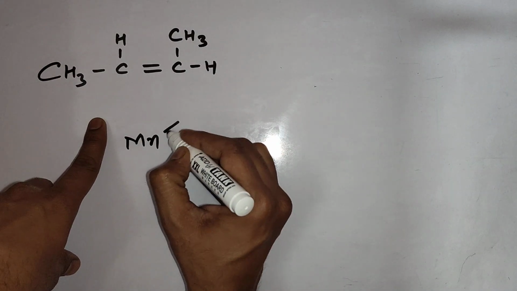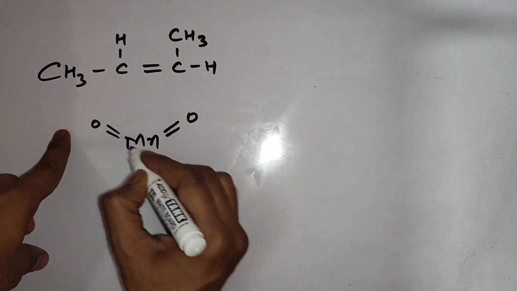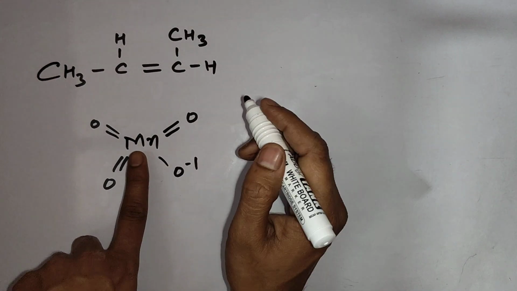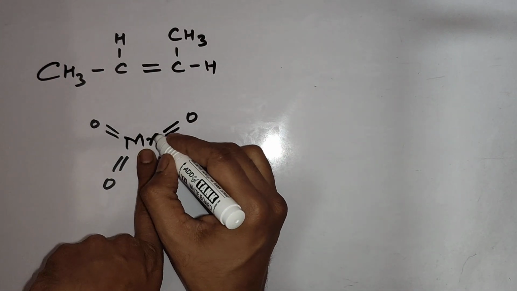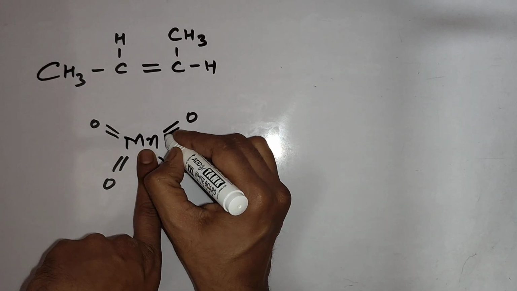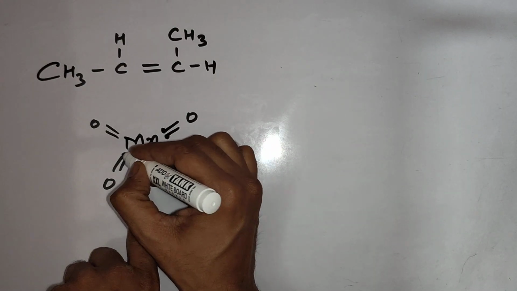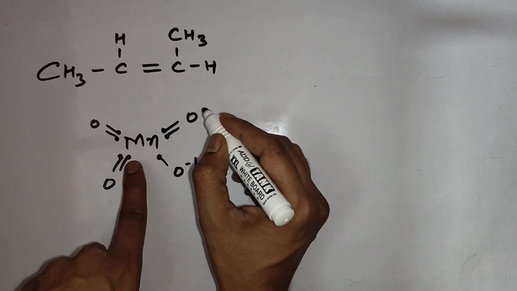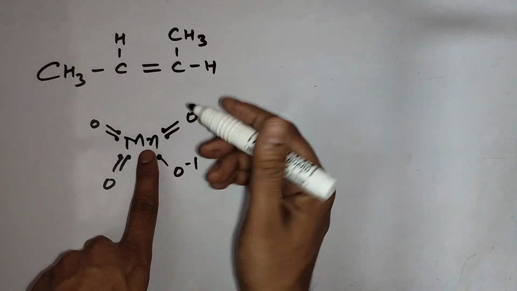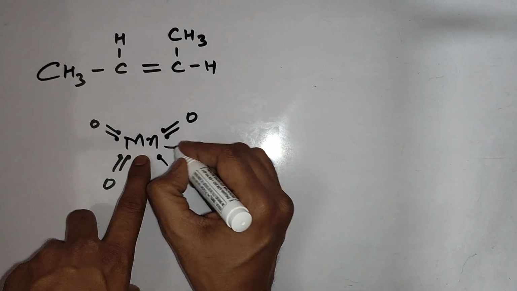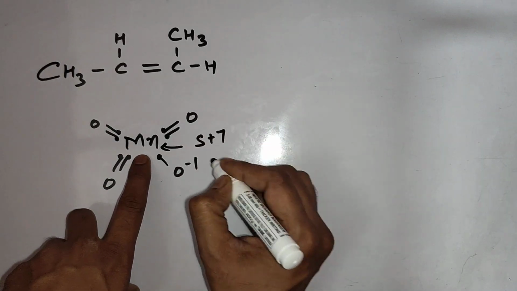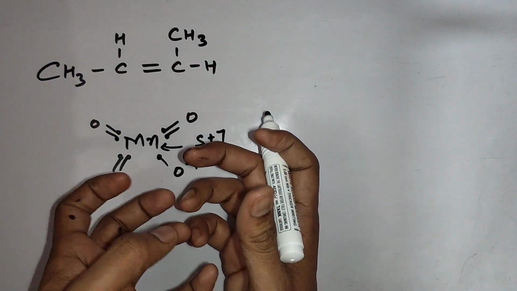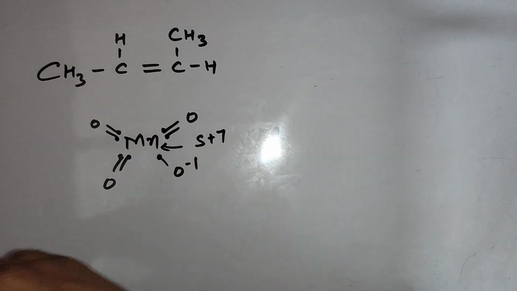Here we have KMnO4, which provides us the MnO4 negative particle. We know its nature very well. In previous videos, we have discussed it many times. Mn is making 7 covalent bonds with oxygen, meaning it is sharing 7 electrons with oxygens, and oxygens are highly electronegative. They are attracting 7 electrons. That's why this Mn is carrying a +7 charge. Due to this +7 charge, it has a tendency to gain electrons, meaning it is working as an electrophile. Who can provide electrons to it?